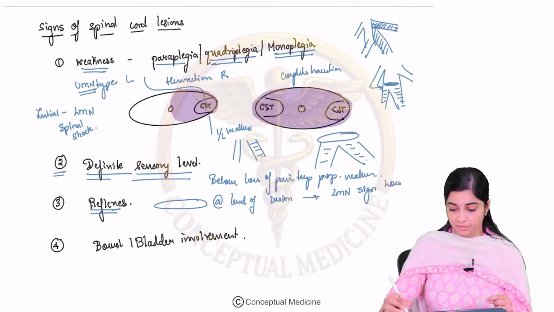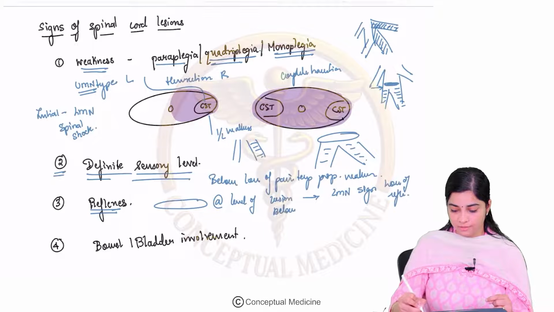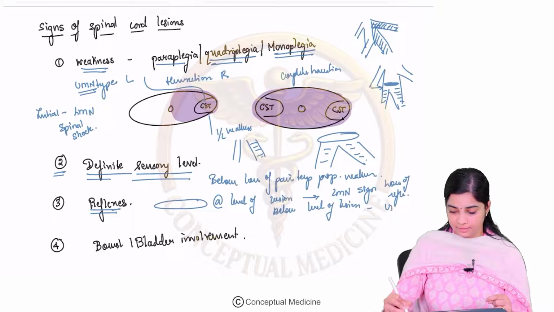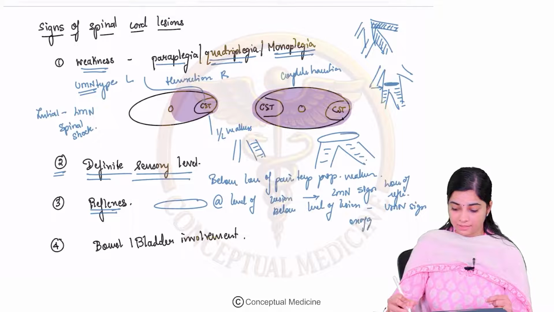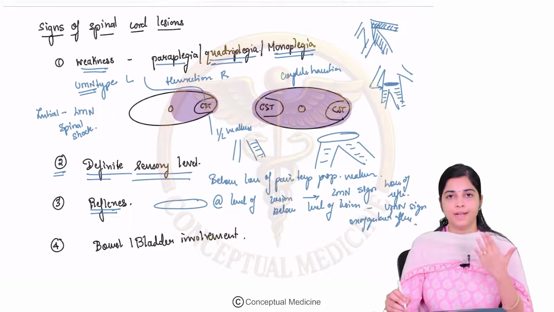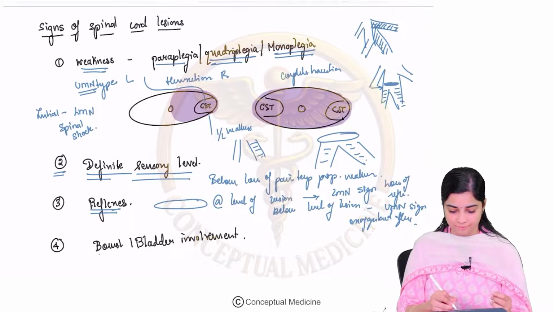So you will have loss of reflexes at the level of lesion. Below the level of lesion, you will have UMN signs, exaggerated reflexes. At the level of lesion, LMN signs. Below the level of lesion, UMN signs, exaggerated reflexes.